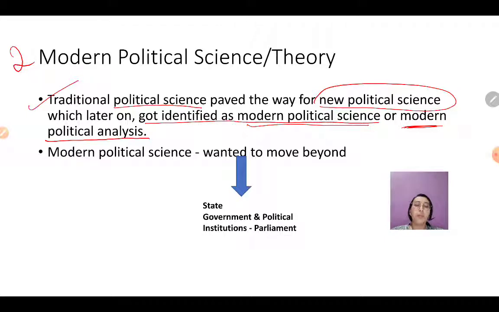So what was different from traditional political science in this modern political science? It wanted to move beyond the state, government, and political institutions like parliament, where there are the Lok Sabha, Rajya Sabha, upper house or lower house. It wanted to go much more.